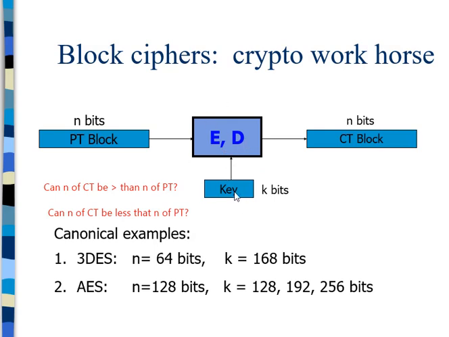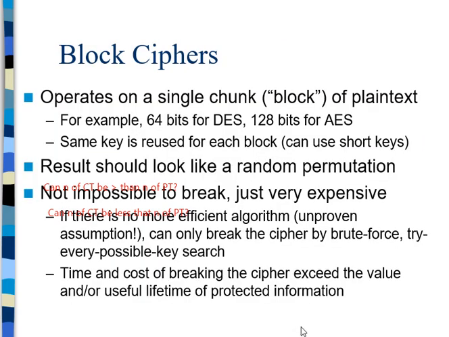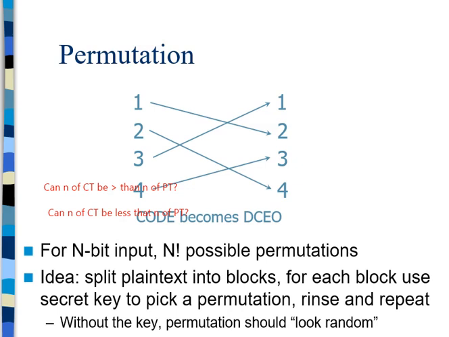Hence, the key here is so important. As we said in the previous table, when the key size is increased, the time needed to break the system is increased as well. Here you can find some explanation.